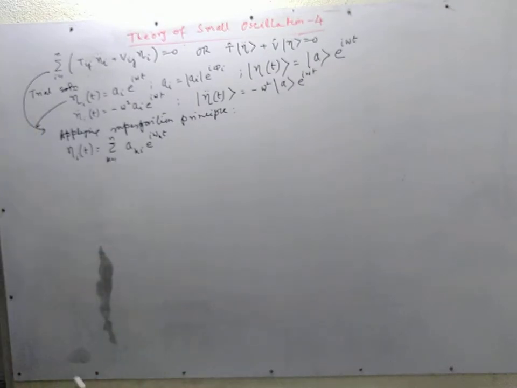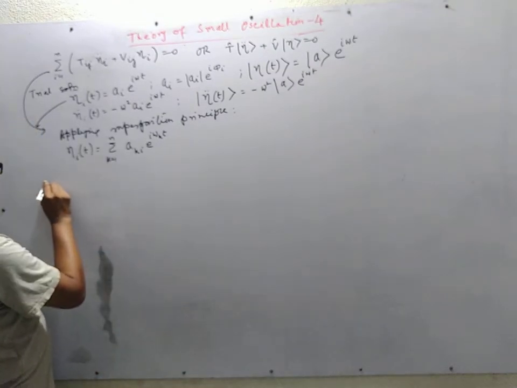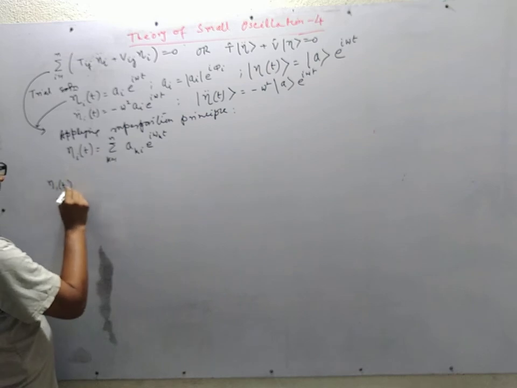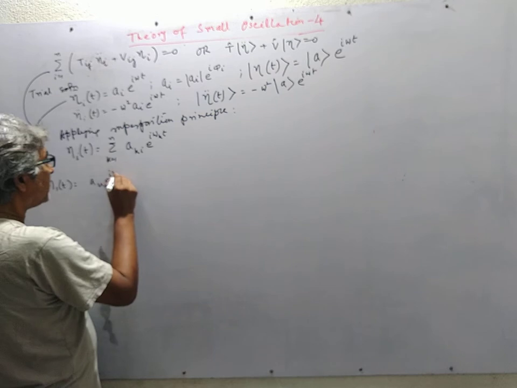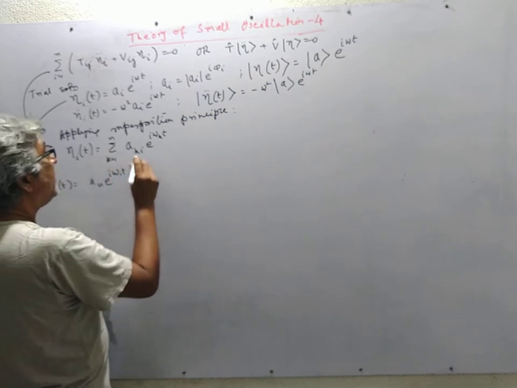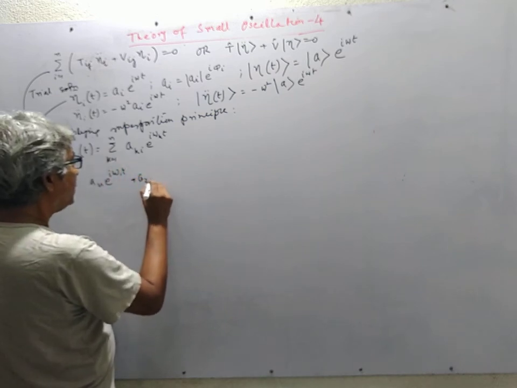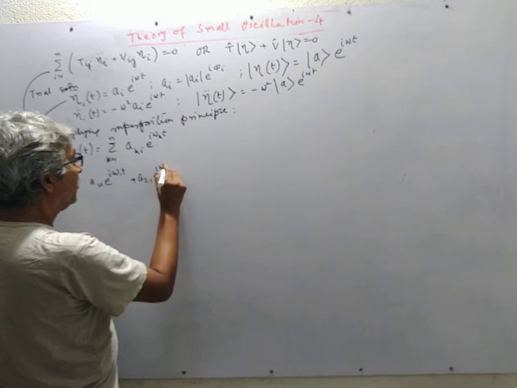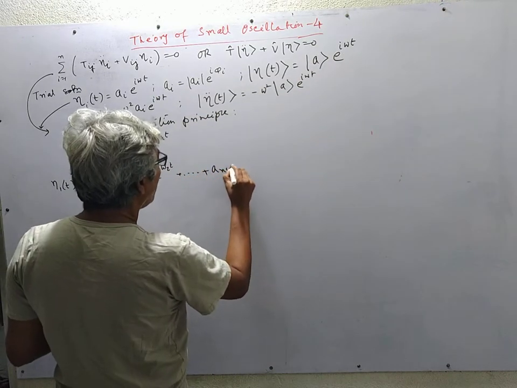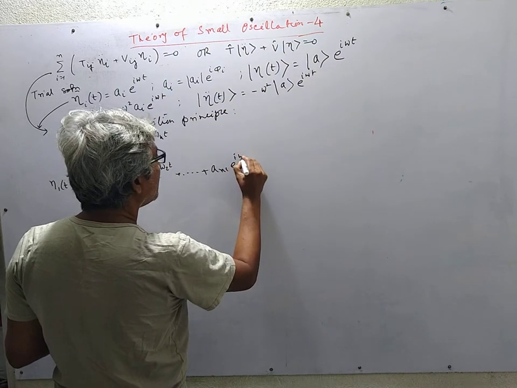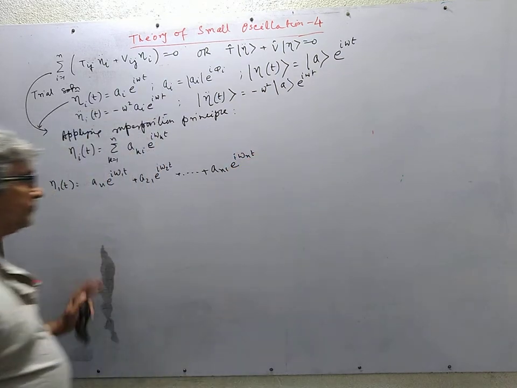So that the solution is, say for example, eta_1(t) is equal to a_11 e to the power i omega_1 t plus a_12 e to the power i omega_2 t, right up to a_n1 e to the power i omega_n t.